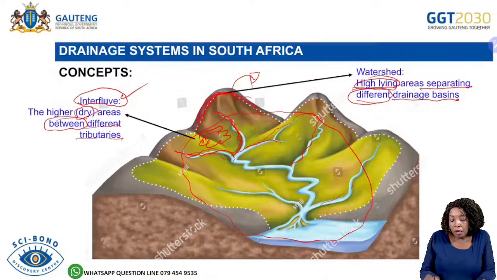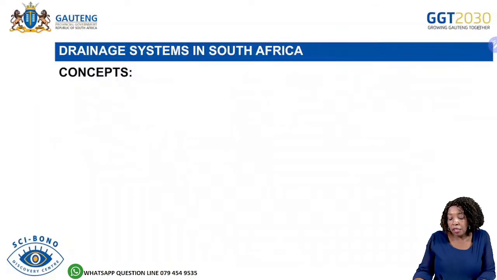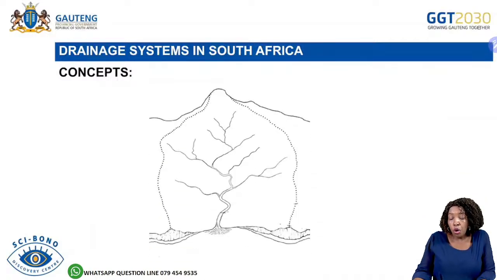So this would be an interflow, this would be an interflow. And here also in this smallest area, we can see that there's two streams, then there would be an interflow, which is that high dry area that is separating the tributaries there. So that is what a watershed is, as well as an interflow. So you shouldn't confuse the two concepts, because the watershed separates the drainage basins, but the interflow we find in between the tributaries.